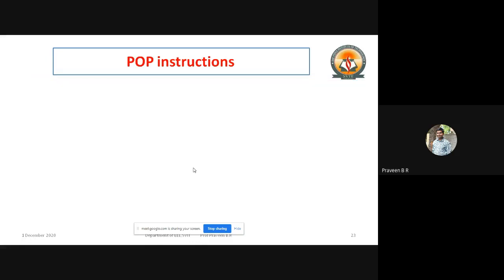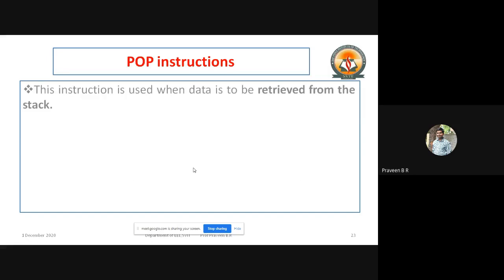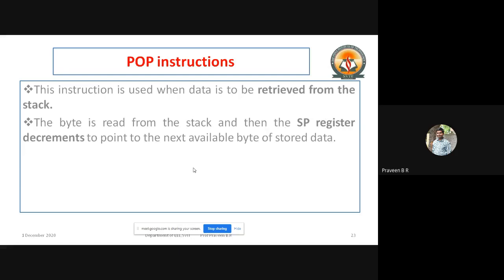Coming to the last, that is the pop instruction. So what is the pop instruction? Removing or retrieving the information from the stack is called the pop instruction. When you are popping, first you remove the data, then you decrement the stack pointer.